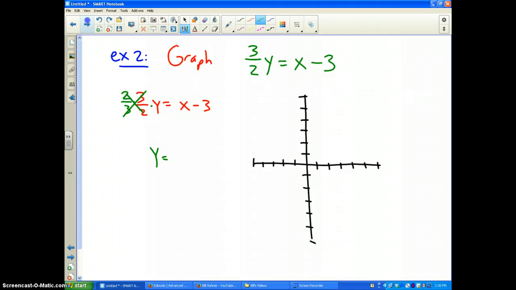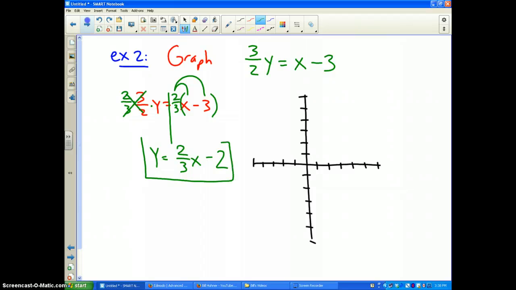But if I do that on the left side of my line, I need to put this in parentheses and also multiply the entire right side by 2/3, which means I need to distribute. 2/3 times x is 2/3 x, and 2/3 times -3 is going to actually turn out to be -2.